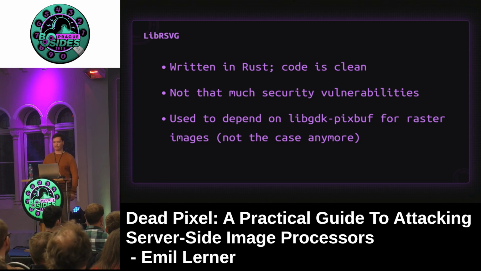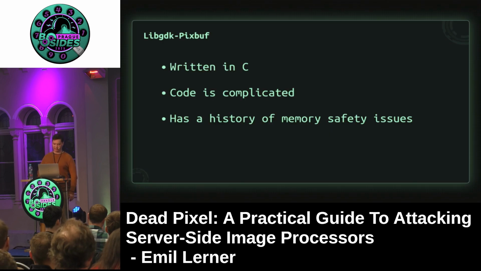It is not the case in the latest version. In the latest version, it's a clean Rust version. However, it used to use bindings to load a C library. And libgdk-pixbuf is a different story. It's written in C, the code is pretty messy, and it has a long history of memory safety issues. So it's a pretty good target for an attacker.